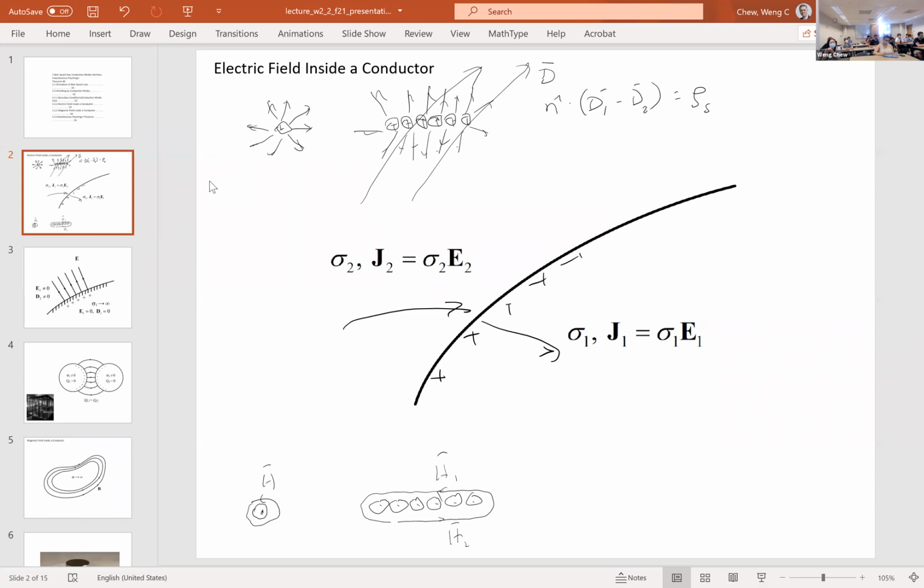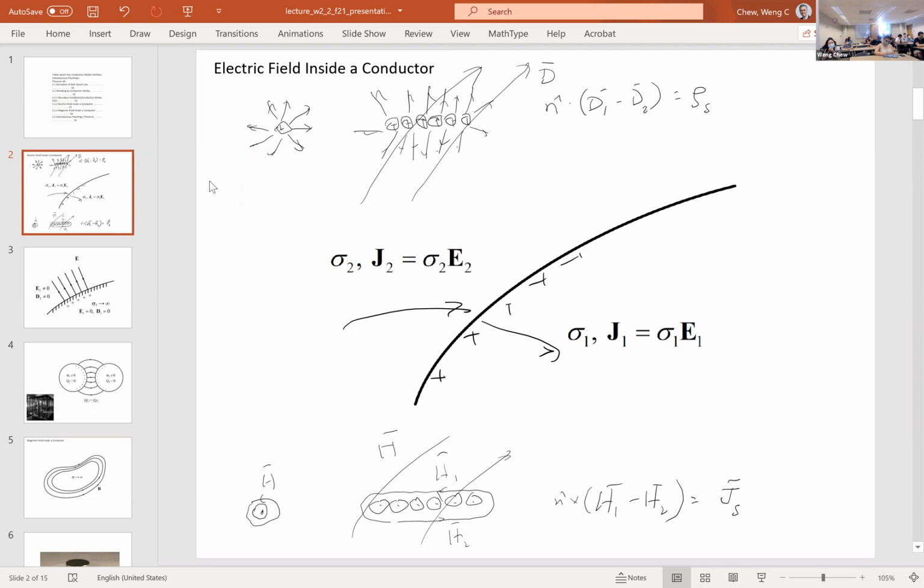So if you have a current sheet producing magnetic field, and if this is sitting in some background magnetic field H, then the magnetic field is discontinuous, and it's due to the presence of a current sheet. So we end up with this other boundary condition, which actually follows from Ampere's law. Physically, you can see it from the picture on the left. Mathematically, you can derive it from Ampere's law on the right.